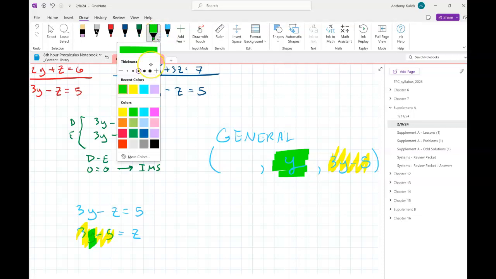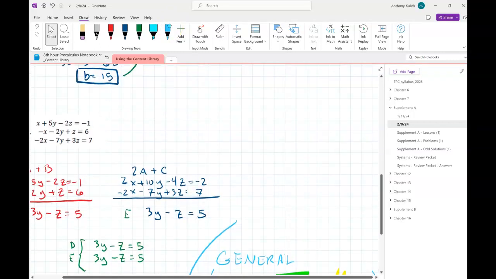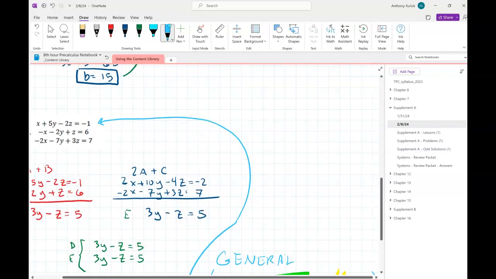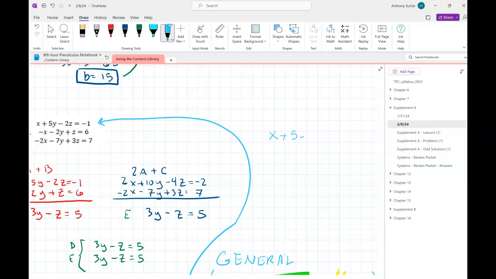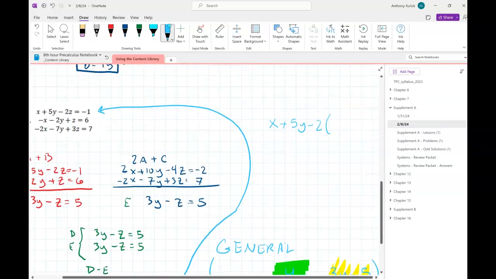To find the x component now, what we're going to do is take our equation and plug it back into any three-variable equation. Let's just say, for example, I plug it back into equation 1. So in place of z, we're going to be writing 3y minus 5.